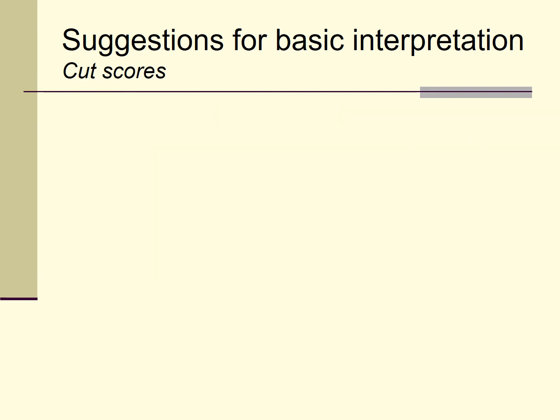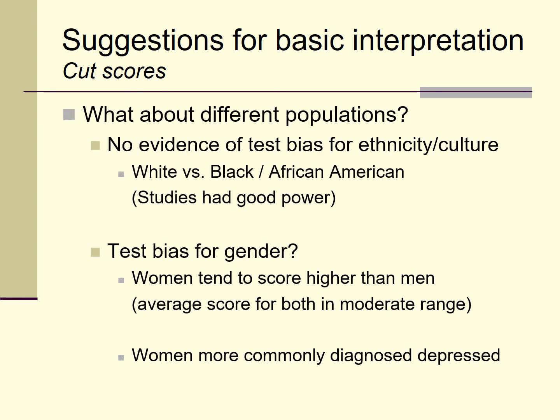Just as an example, the Beck Depression Inventory manual actually publishes some research. It's a good technical manual given how small it is. Beck, Steer, and Brown, the developers of the test, published some research on a comparison of white versus black or African American samples of psychiatric inpatients and outpatients and so on. And they saw very little evidence for test bias.